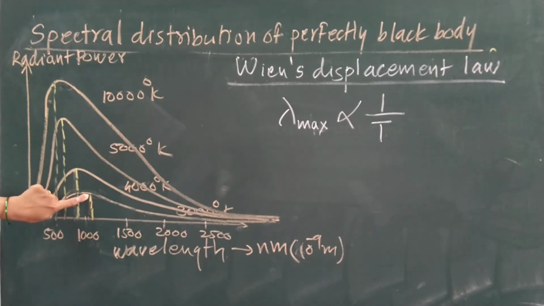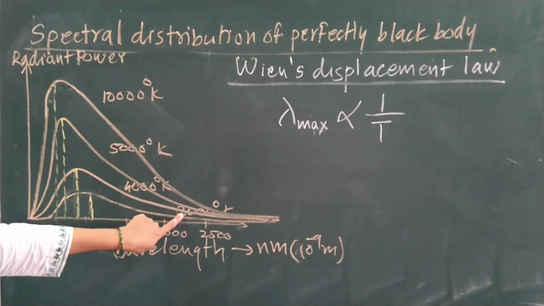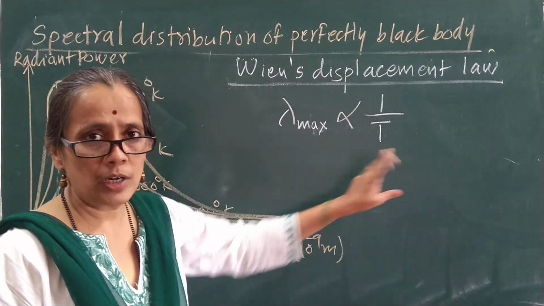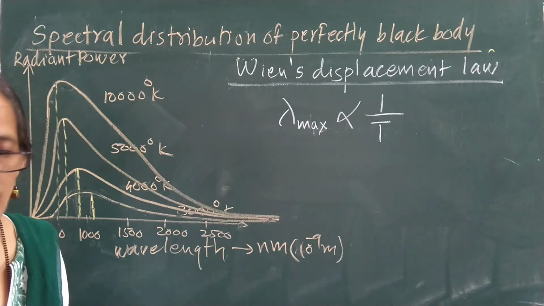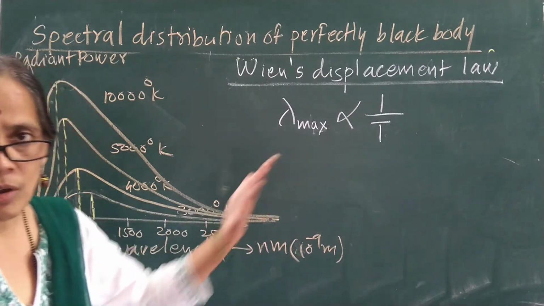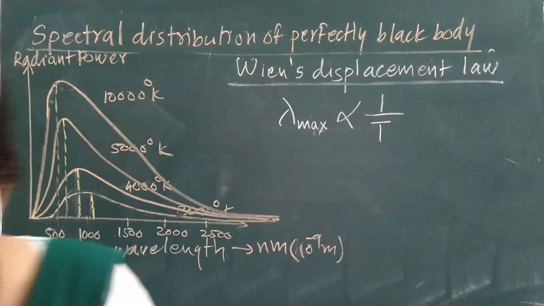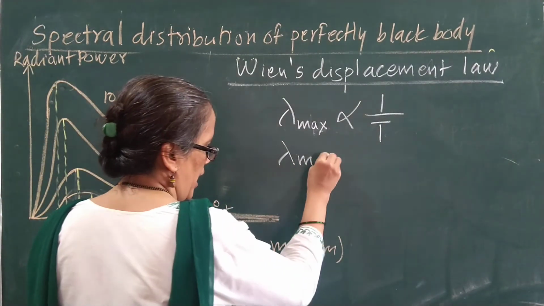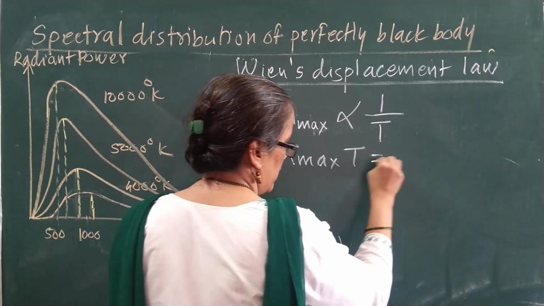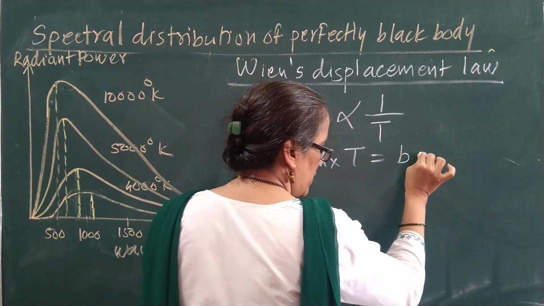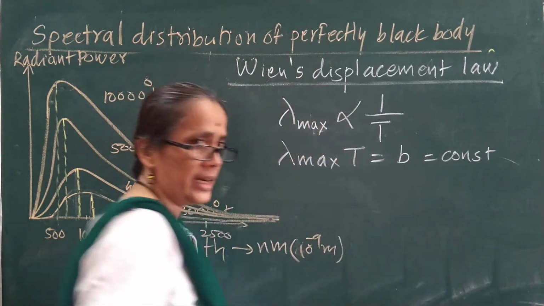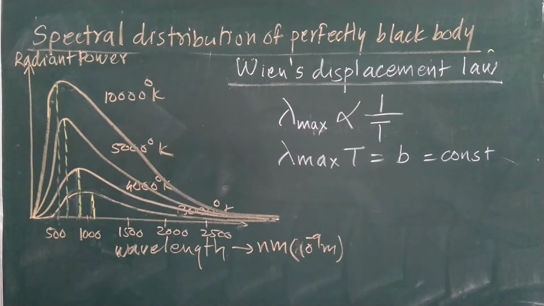So wavelength is maximum, but at that time temperature is minimum. So wavelength maximum is inversely proportional to the temperature, and this is to be called as your Wien's displacement law. And according to that Wien's displacement law, I can say that lambda max into T is equal to B. ये B क्या है? B is a constant, and this B constant has a value.